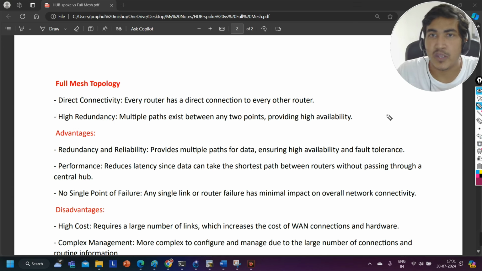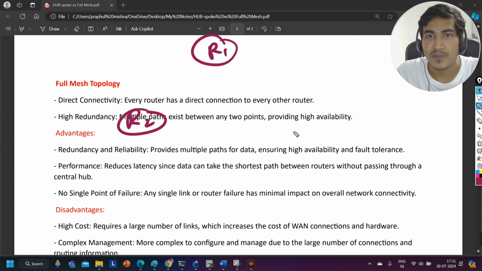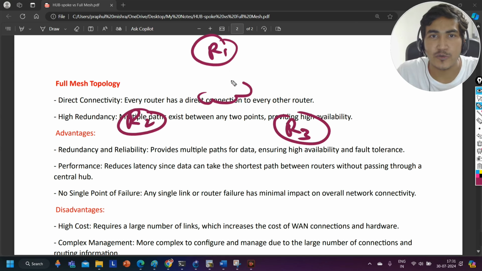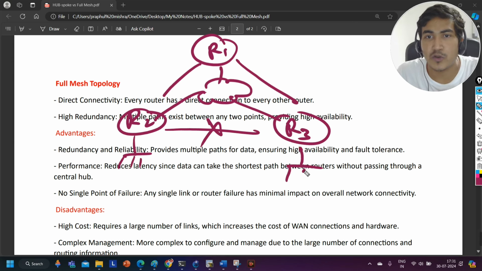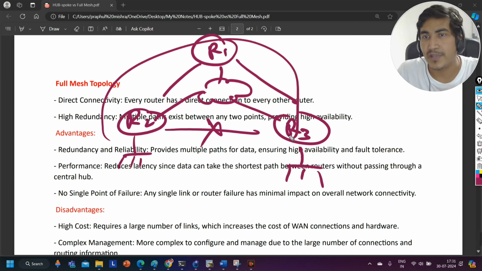providing high availability. Now let's suppose in my scenario, R1, R2, R3 are all connected through the internet. Here we have one connection, here we have one connection, here we have one connection. So see, if this link goes down, no problem, these two branch offices can still communicate with each other, right, via the hub router.